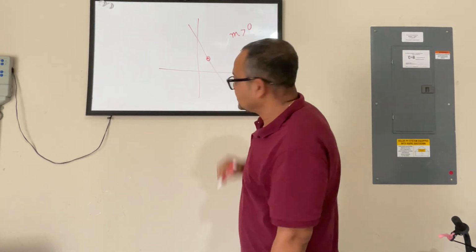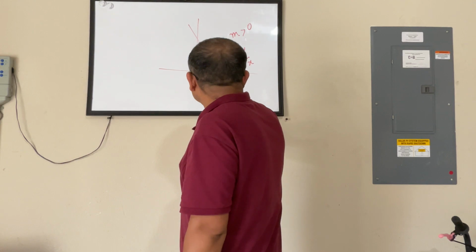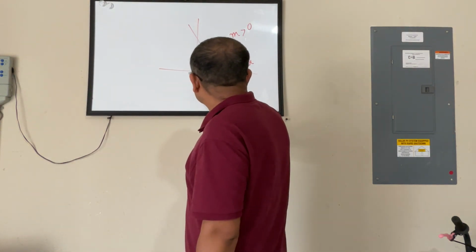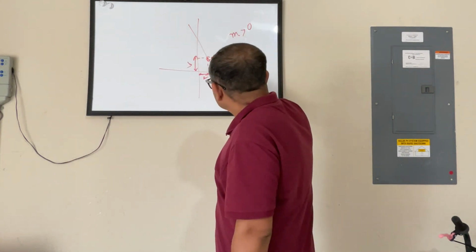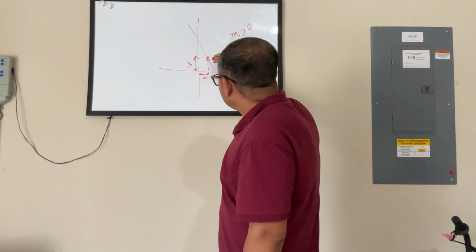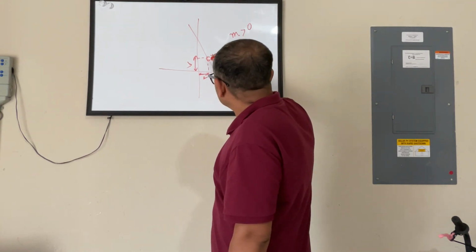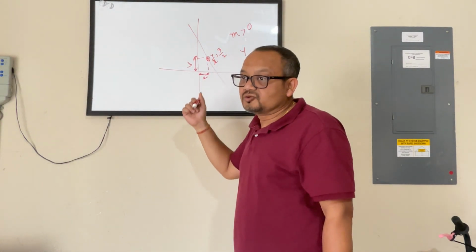What is the value of x here? This distance. What is the value of y? This distance. Let's say this is 2 and this is 3. So here at this point, what will be the value of y by x? Y by x, it will be 3 by 2. This gives you the slope.